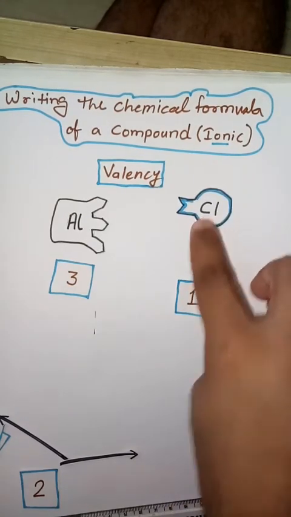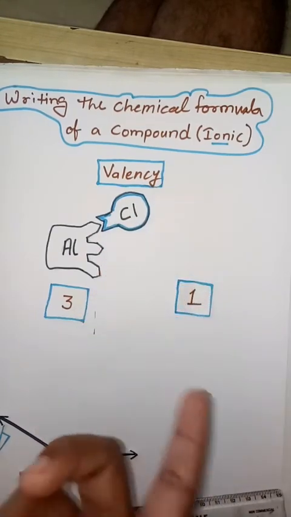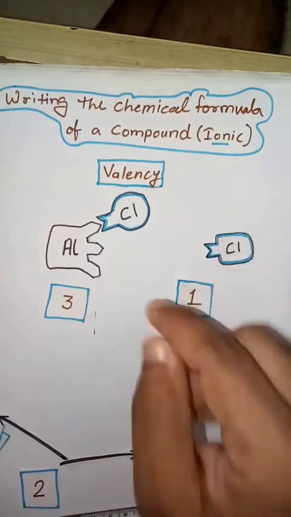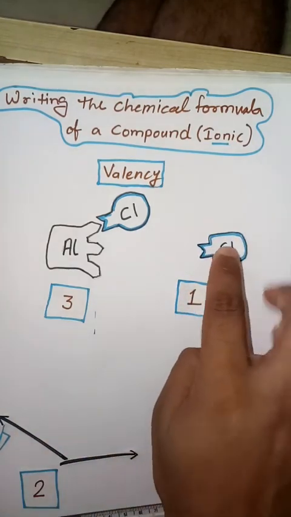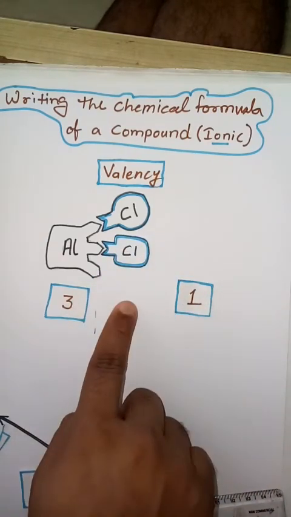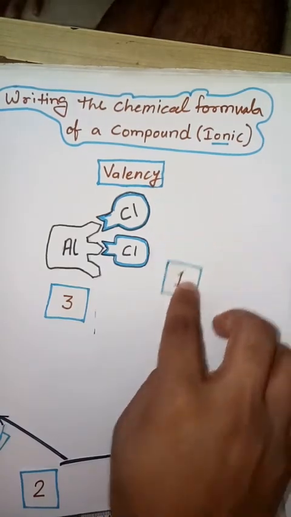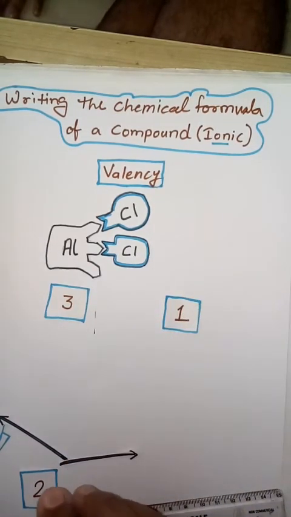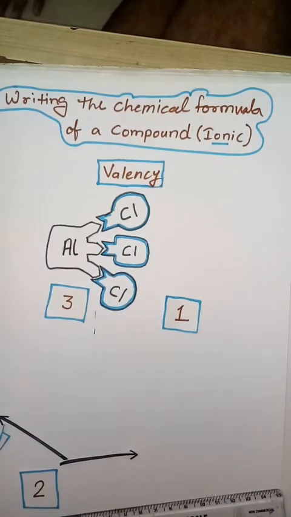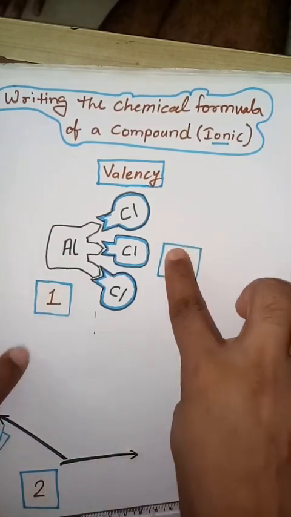Now 1 is there, but it will not satisfy. 2 are still left. In fact, when I say chlorines, it means the chloride ions. You get another one, but still one is left. You need 3 chlorines because of the 3 ones here, so we need 1 more chloride ion to satisfy this aluminium. Aluminium is 1 time and chlorine is 3 times.